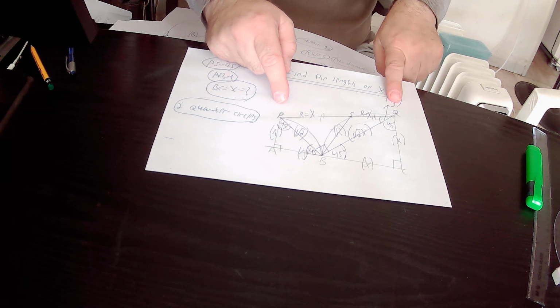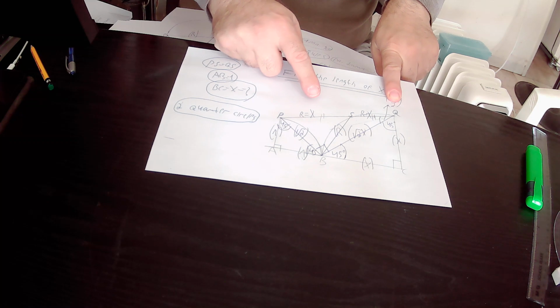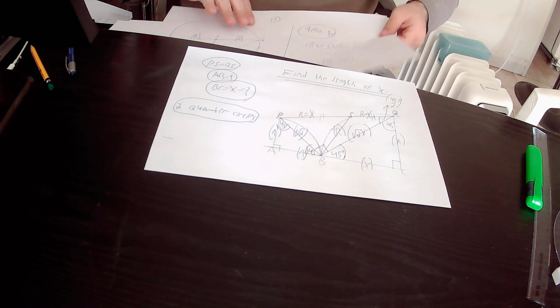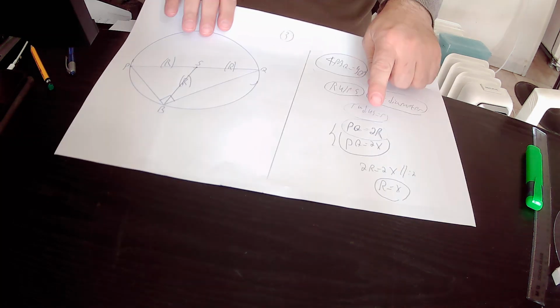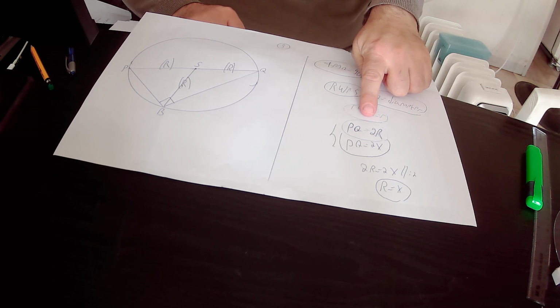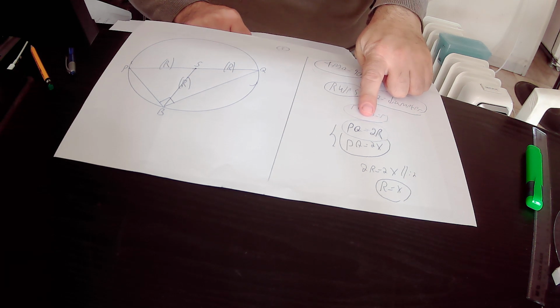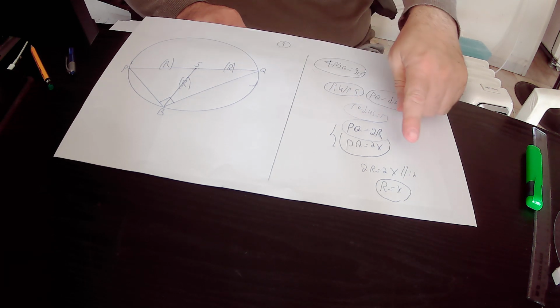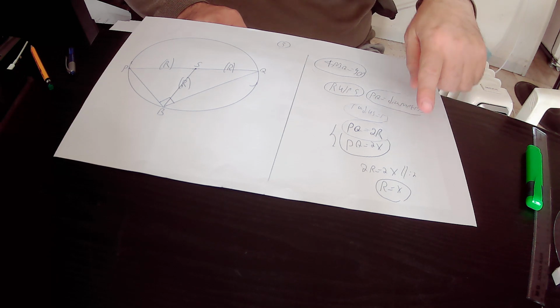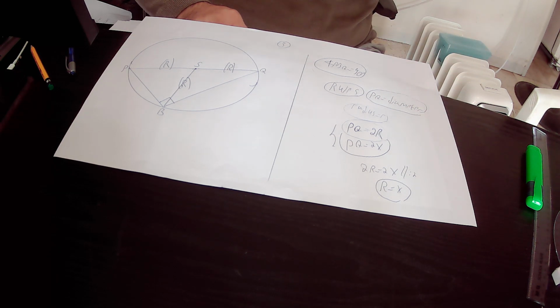So PQ in total will be equal to X plus X, that is 2X. So from one side PQ equals 2X, from the other side PQ is the diameter of this circle, therefore it equals 2R. From those two equations we derived that 2R equals 2X, we divided this equation by 2 and finally found out that R equals X.